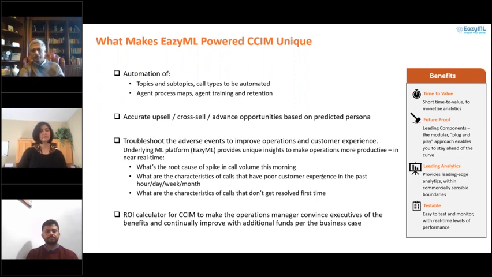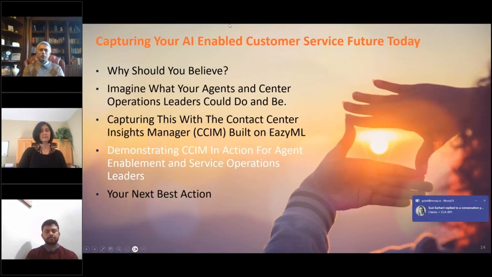The benefits are at the right: time to market, future proofing, leading analytics, and of course, all this is very testable. So I've been saying a lot about CCIM and the underlying EasyML platform, but saying is one thing, seeing is quite another. Nidhi and Vikram are going to show it in action, so that seeing is believing, as they say.